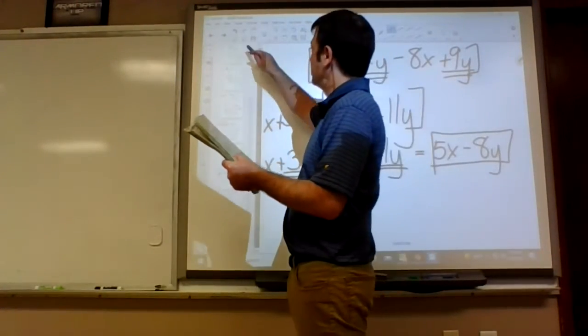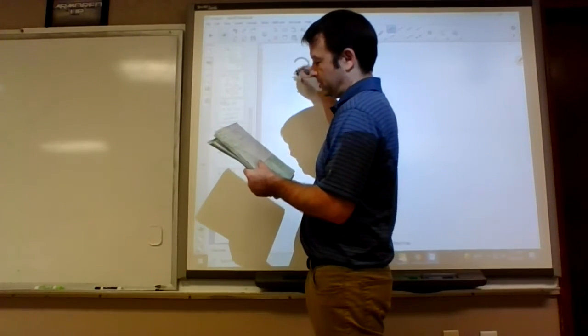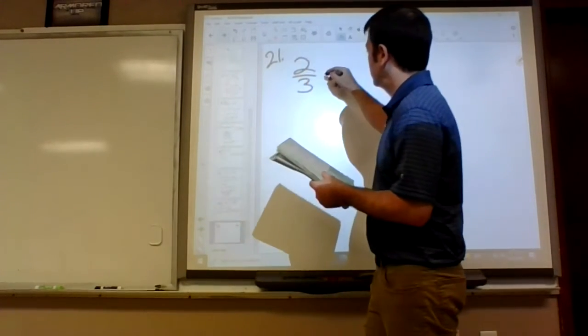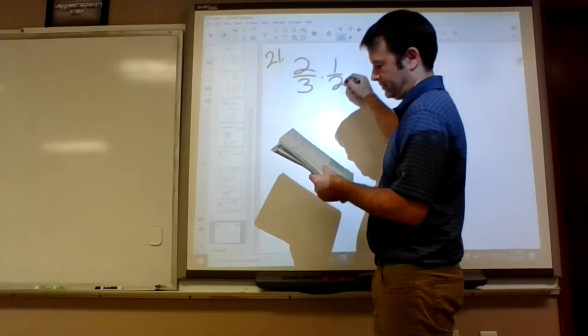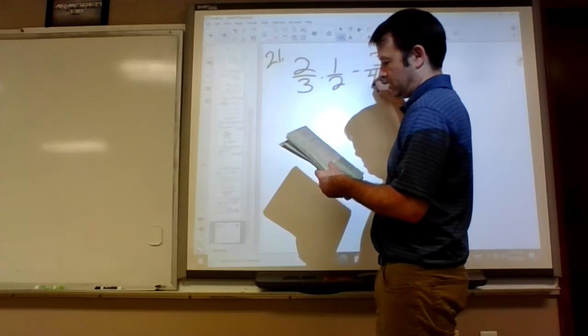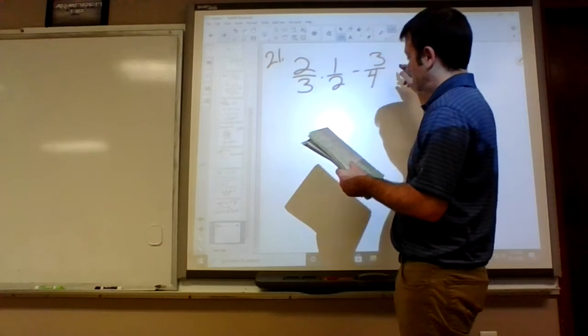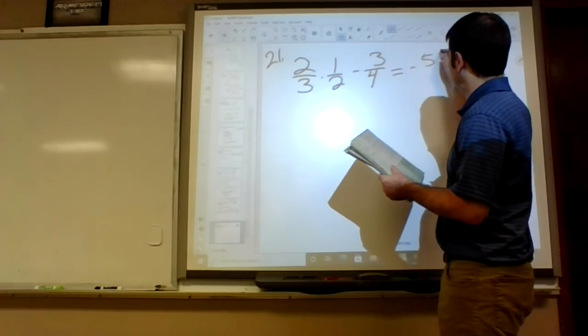So it's 2/3 times 1/2, which is 1/3, minus 3/4. Did I write it down wrong? No, that's right. Minus 3/4 equals negative 5/12.